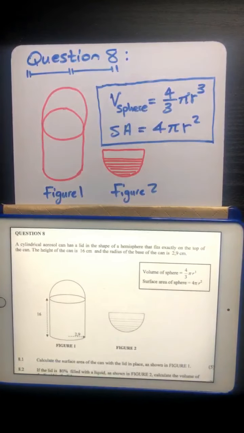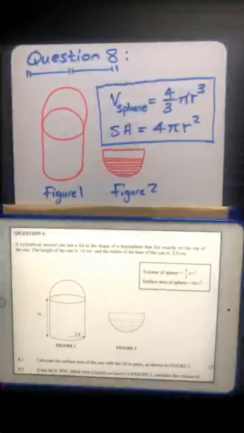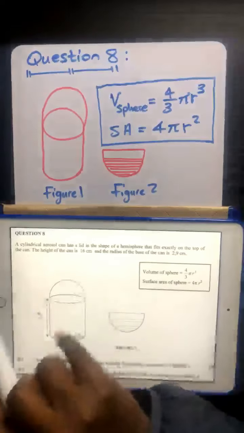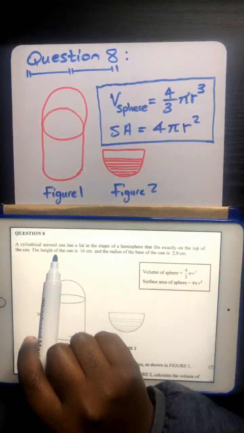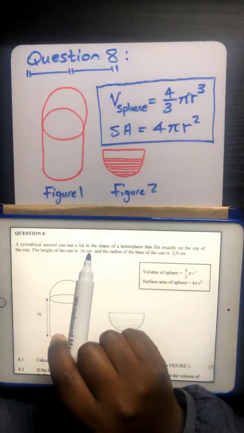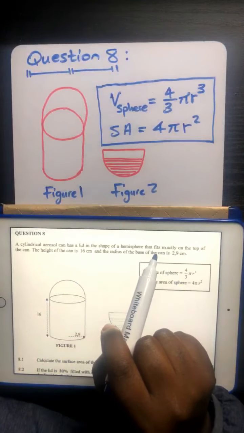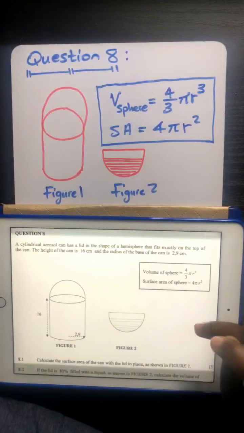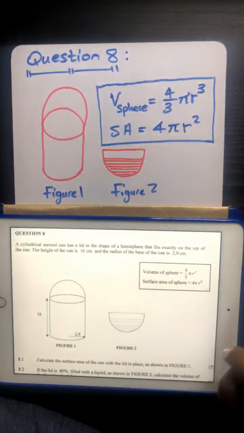Okay, 100%. So, guys, we are given a statement under question 8, which I'm going to quickly read. A cylindrical aerosol can has a lid in the shape of a hemisphere that fits exactly on the top of the can.